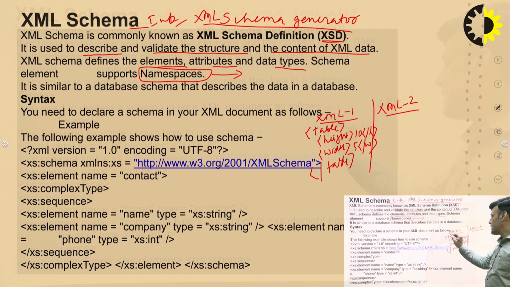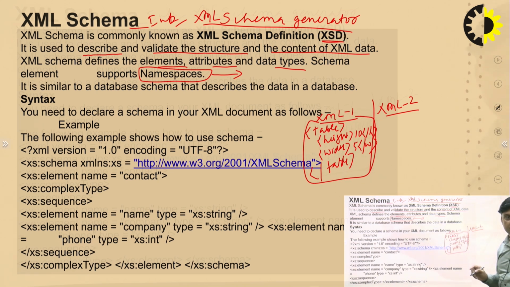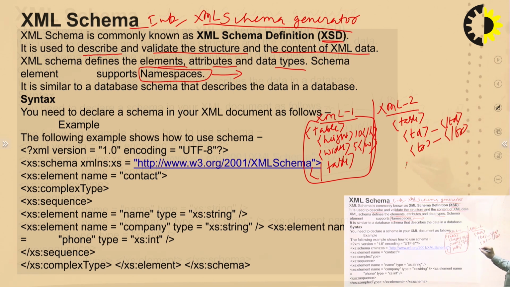This is XML document 1. Now my XML document 2. Here also I am using table, but here I am using TD, TR syntax, and table.